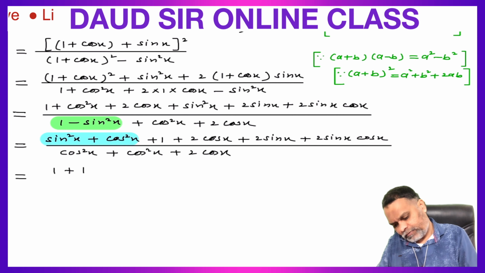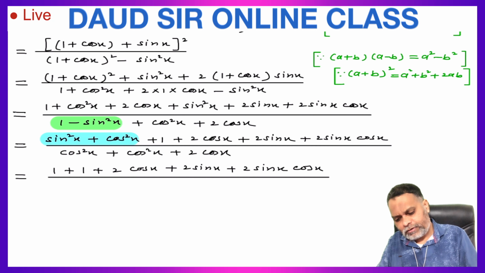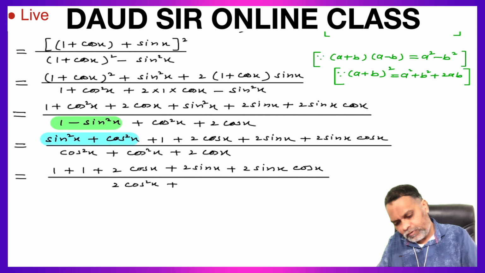So 1 plus 1 plus 2 cos x plus 2 sin x plus 2 sin x into cos x. And in the denominator, cos square x plus cos square x two times, so 2 cos square x plus 2 cos x.